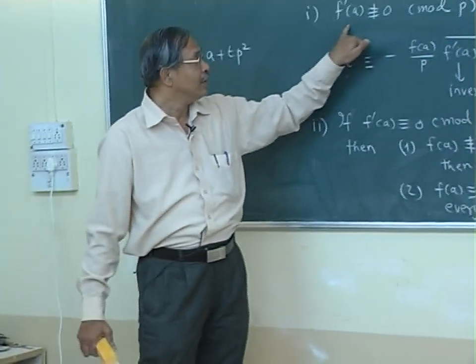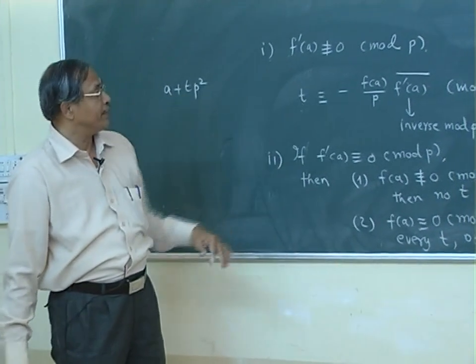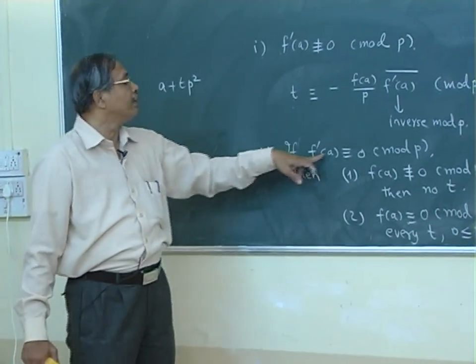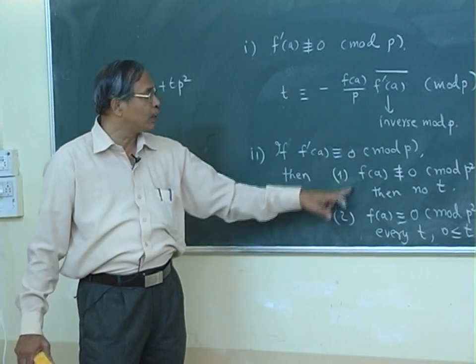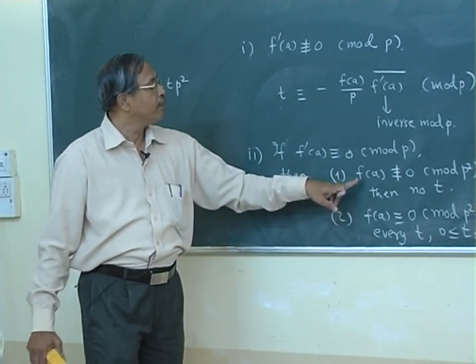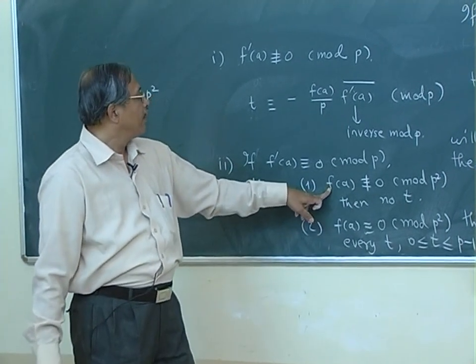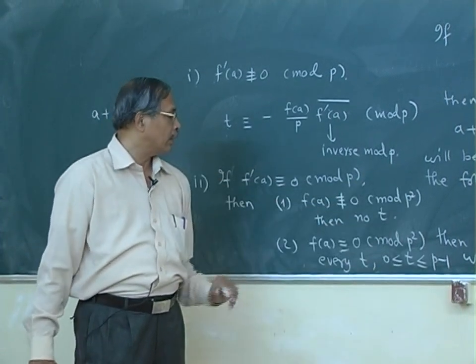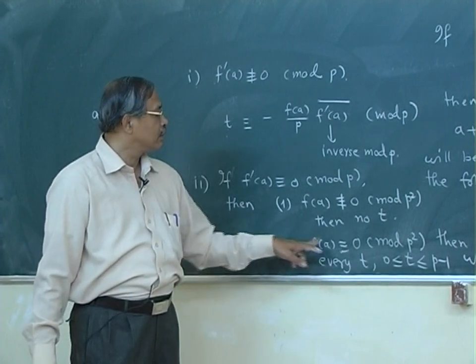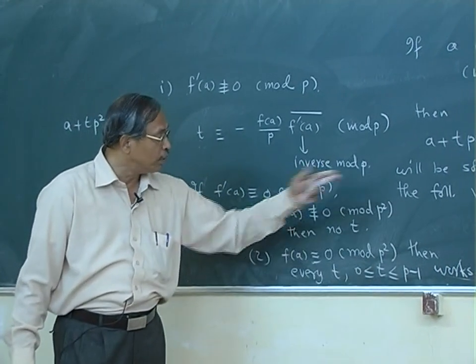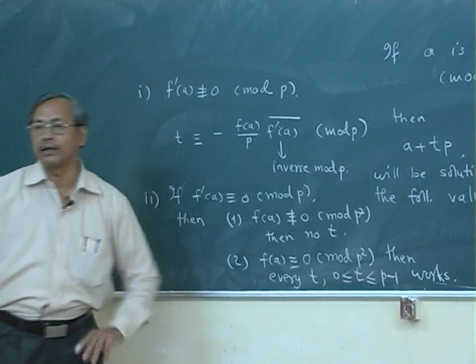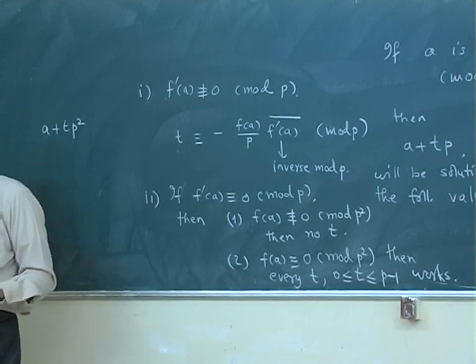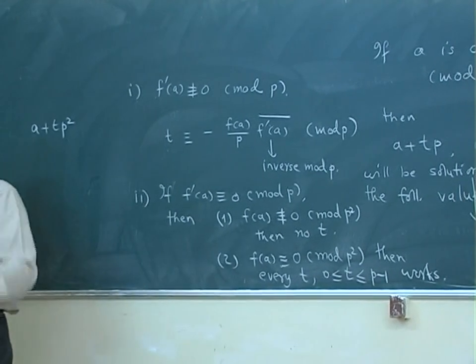Then there is a unique solution here mod p cube. If the derivative is 0 mod p, then there are two cases. If f(a) is not congruent to 0 mod p cube, then there is no t. If f(a) is congruent to 0 mod p cube, then every t will work and you get solutions mod p cube.